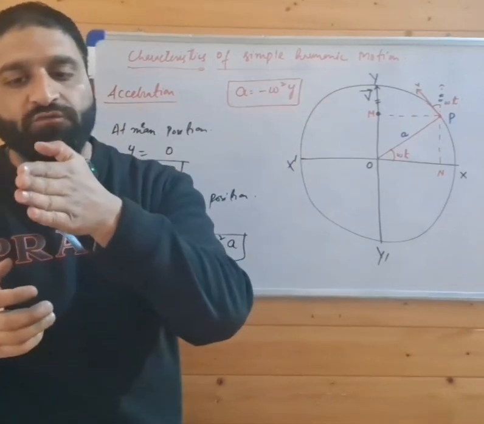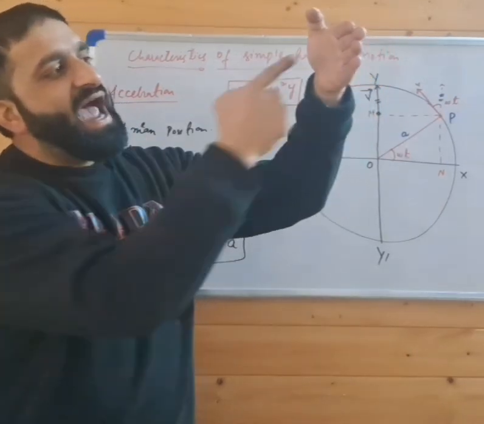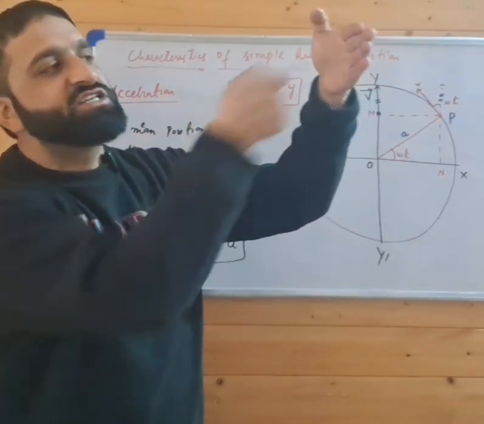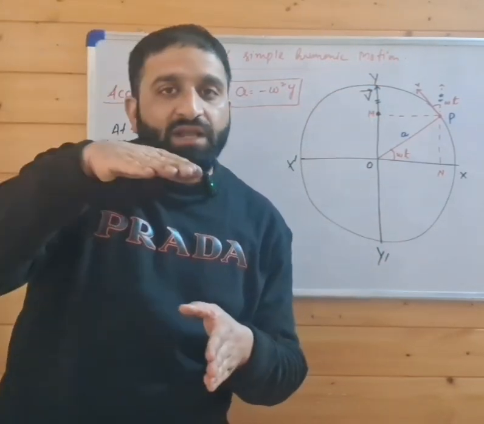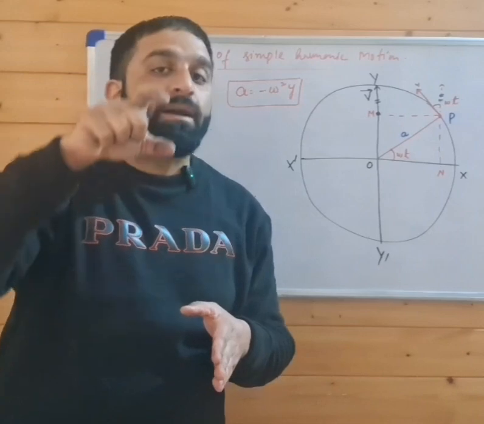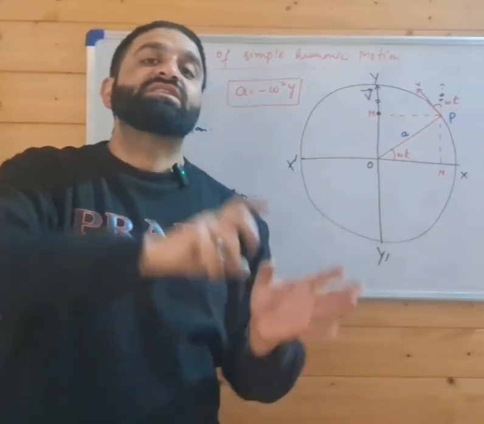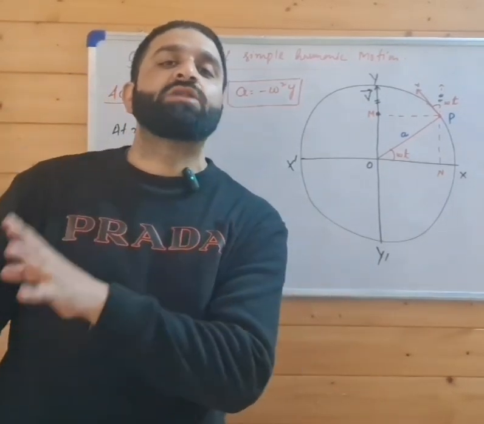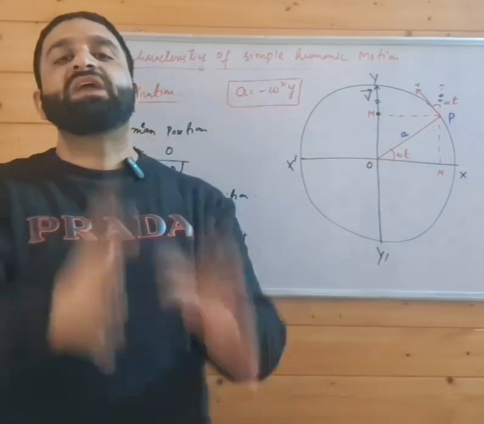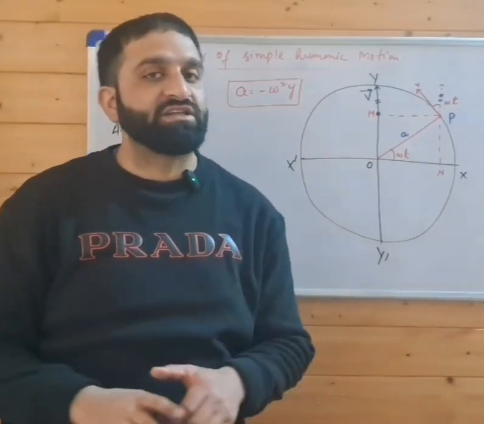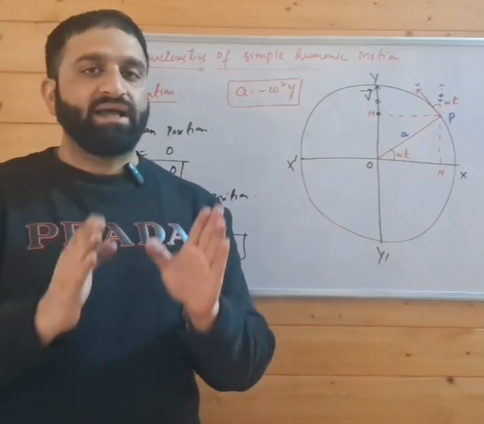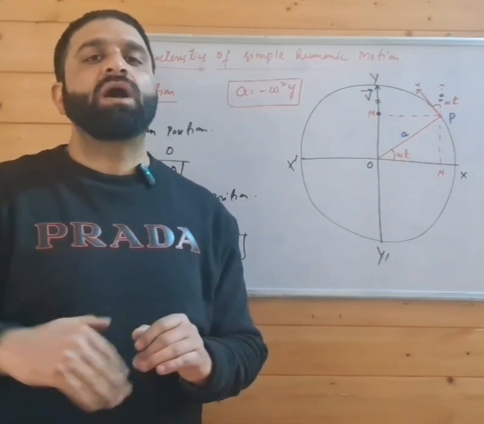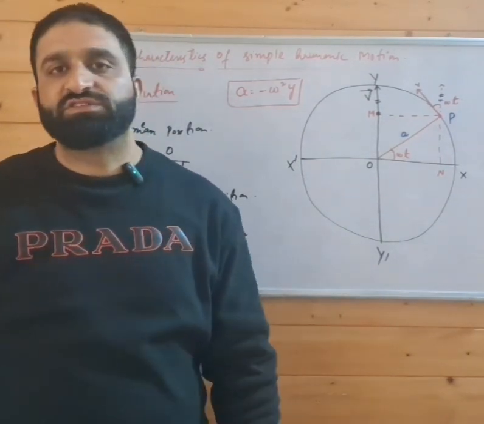The body is going from the mean position to the extreme position. At the extreme position, the direction of the velocity is changing, so the acceleration is maximum there. At the mean position, the velocity is maximum, which means the time rate of change of a maximum value is equal to 0. So at the mean position, the acceleration is equal to 0, as the differential of the maxima and minima is equal to 0.